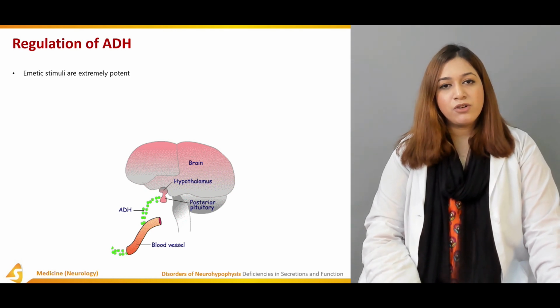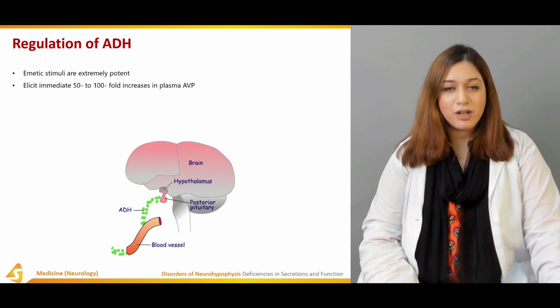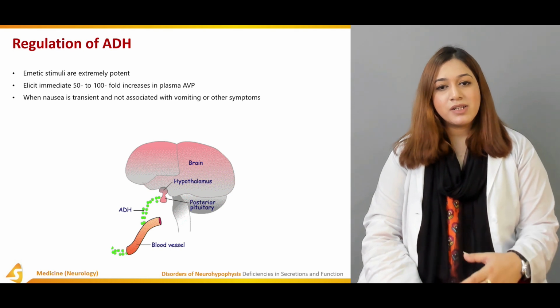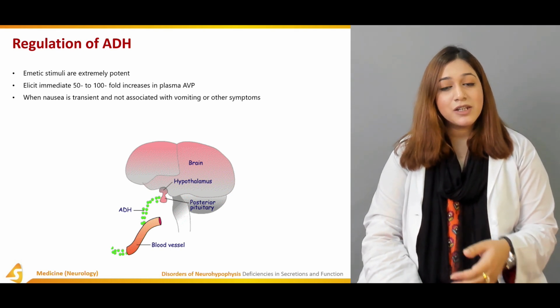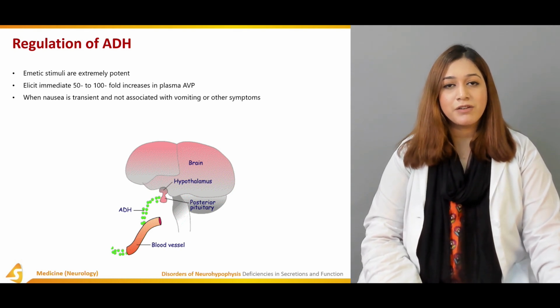Now, if we talk about nausea, the emetic stimuli are extremely potent. They elicit an immediate 50 to 100-fold increase in plasma AVP. And whenever the nausea is transient and not associated with vomiting or other symptoms, it can still cause an immense increase in the secretion of AVP.